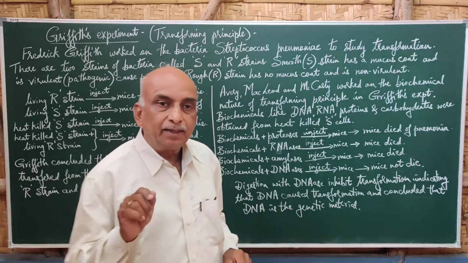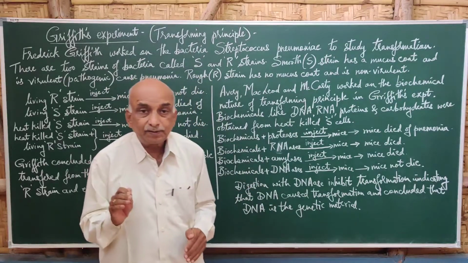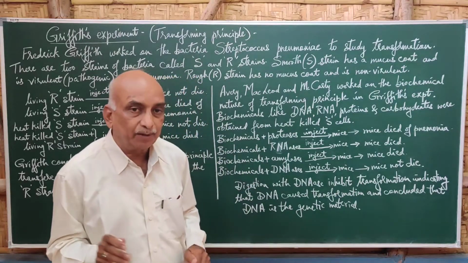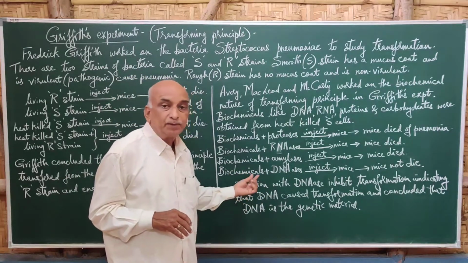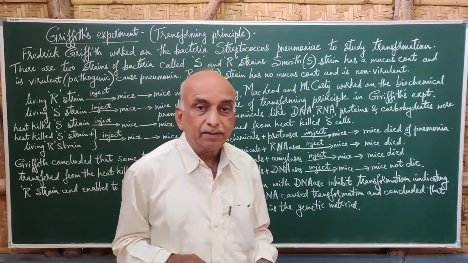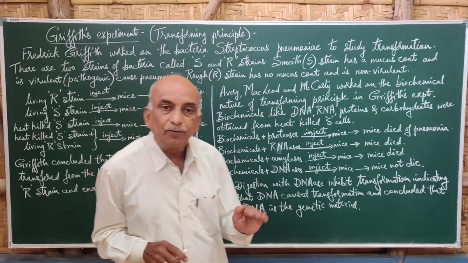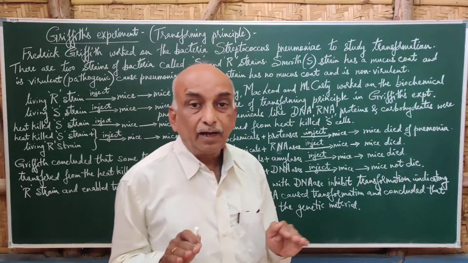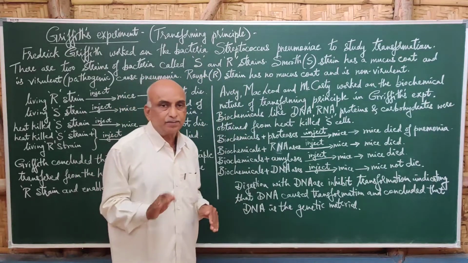So the RNA is not the transforming principle. In the next step, they mixed the biochemicals with amylases, which digest carbohydrates. There also the mice died of pneumonia, so the carbohydrates are also not the transforming principle.